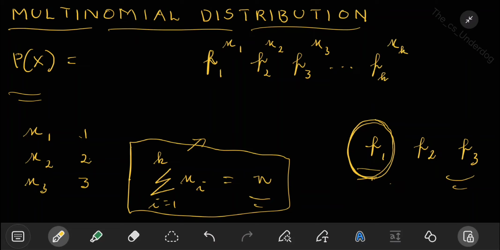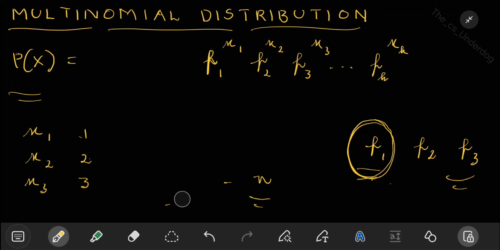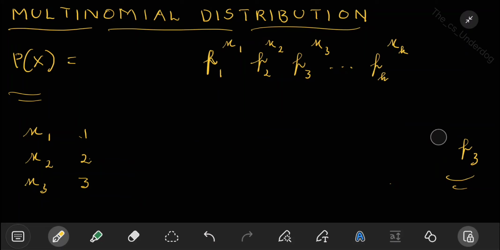Do you think this has covered all the possibilities? Just remember what we did in case of binomial distribution and try to connect it to multinomial distribution. What was the missing term there? In case of binomial, we had seen that we had to see all the combinations. Same case here. You have to see all the combinations in which this can occur.